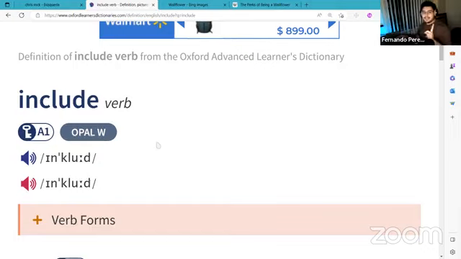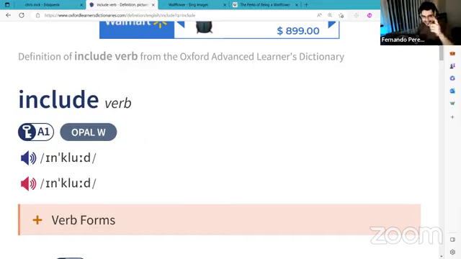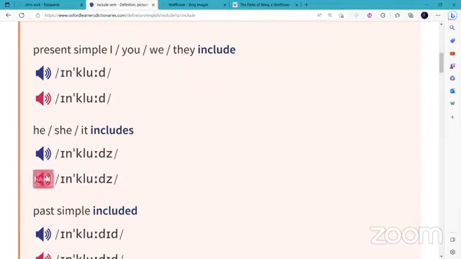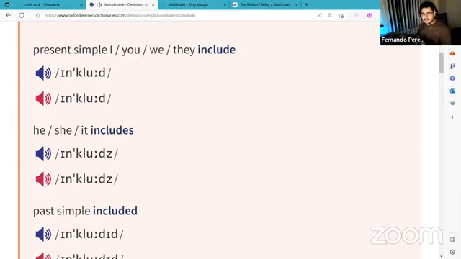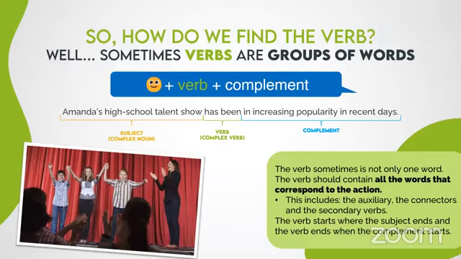No extra syllable. Includes. Excellent. Includes. So one more time: this includes.